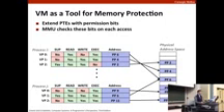So this is so-called supervisor mode. And you can also add bits that control whether that page can be read, written, or executed. This execute bit is new with x86-64. It didn't exist in 32-bit x86 systems.